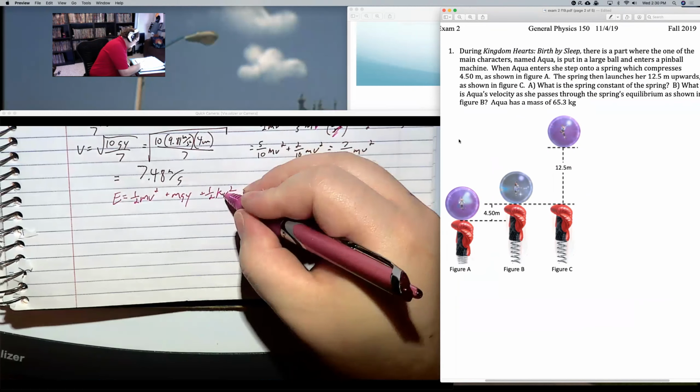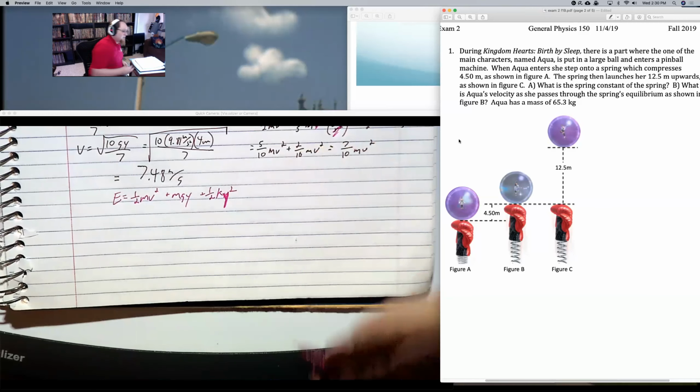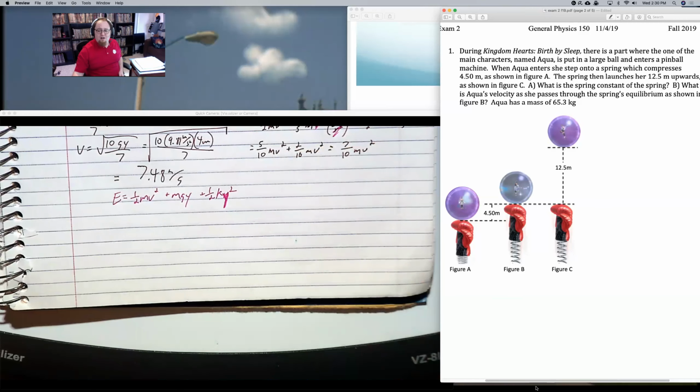Instead of 1/2 kx squared, I'm going to say 1/2 ky squared. The problem we did on Monday, I did not do that, right? Because someone was being pushed against something horizontally and being flung downward. But this one, everything is up and down, so I'll keep everything up and down.